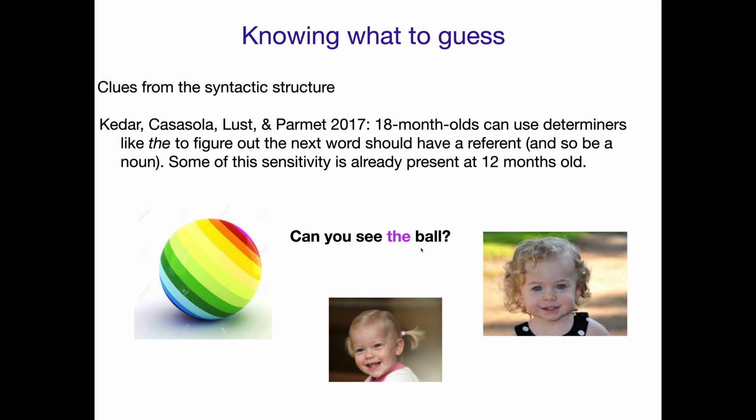They figured out that that's a nouny object type context at 18 months. And some of the sensitivity is already present at 12 months old. So they're really able to figure out a lot from the linguistic context, from the syntactic structural clues that come in their linguistic context.